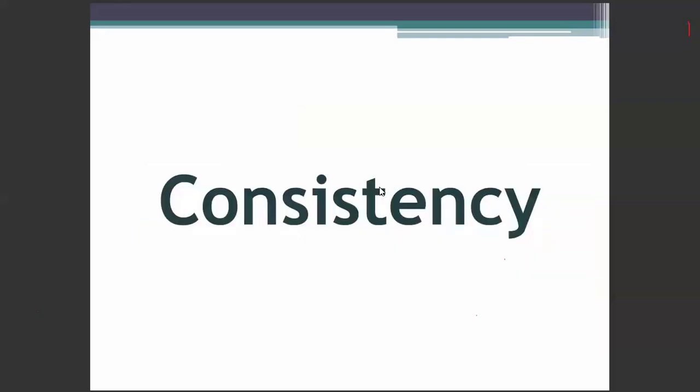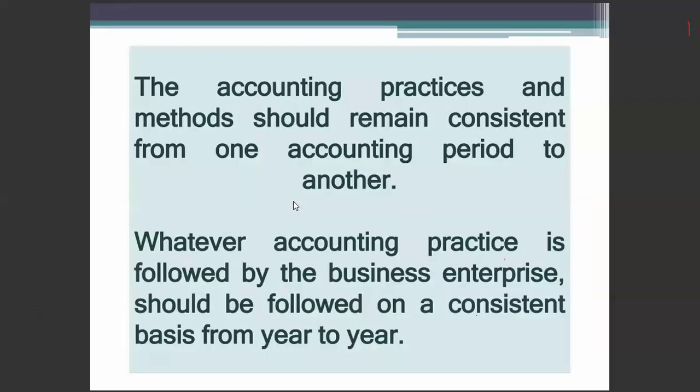Let's further go on to the next convention. The next convention is consistency. Now, what is the English meaning of consistency? That if I'm doing something, I should be consistent in following the same thing. To be better understood, if I'm charging a depreciation by a fixed method, that is a fixed rate, then I should follow the same method in the next accounting period.